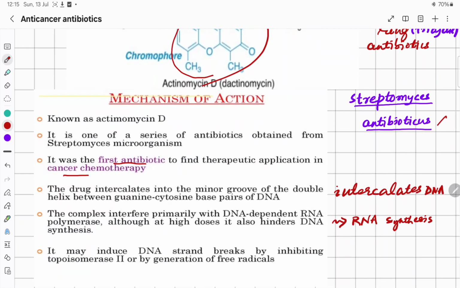If we discuss the mechanism of action, it causes intercalation of DNA, first one, and it also inhibits RNA synthesis by inhibiting DNA dependent RNA polymerase. So it inhibits mainly messenger RNA synthesis.